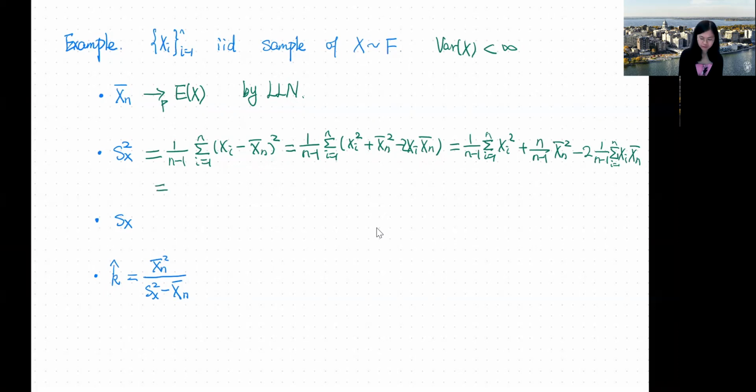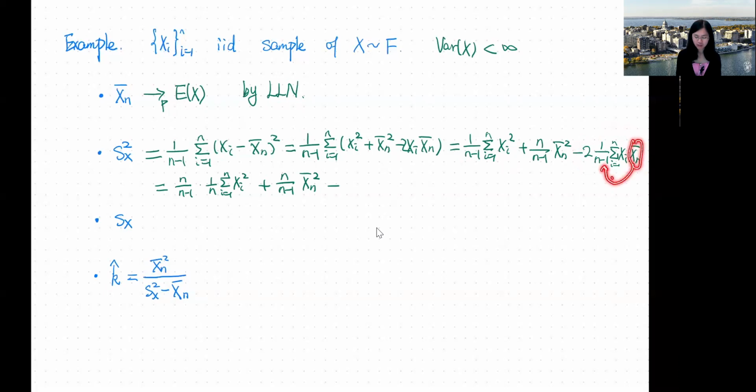And that equals, for the first term, n over n minus 1 times 1 over n sum of xi squared. So that is n over n minus 1 times the sample average of xi squared plus n over n minus 1 xn bar squared minus, if you look at this term, you see xn bar doesn't vary with i, so xn bar can be taken out of the summation.